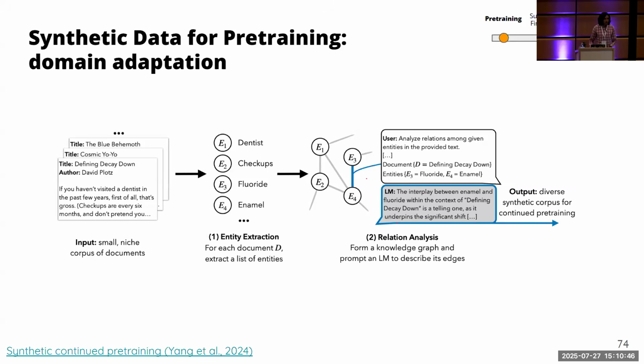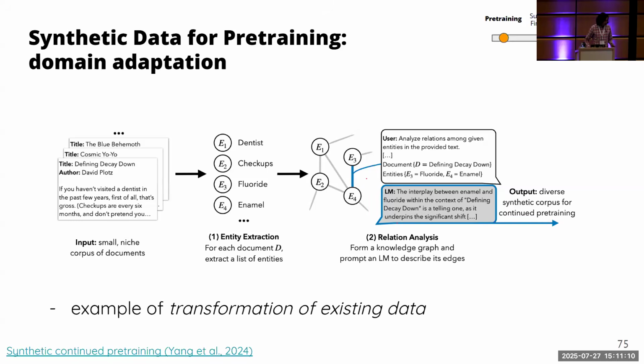And so in this situation, the algorithm they describe here is to extract a knowledge graph from this small corpus, use that knowledge graph to sample new combinations of entities or relations that were not actually in the original corpus, and then generate text that contains these new combinations of entities and relations. And this is an example of transforming existing data. The way I think about this is that LLMs are really good at hallucinating.